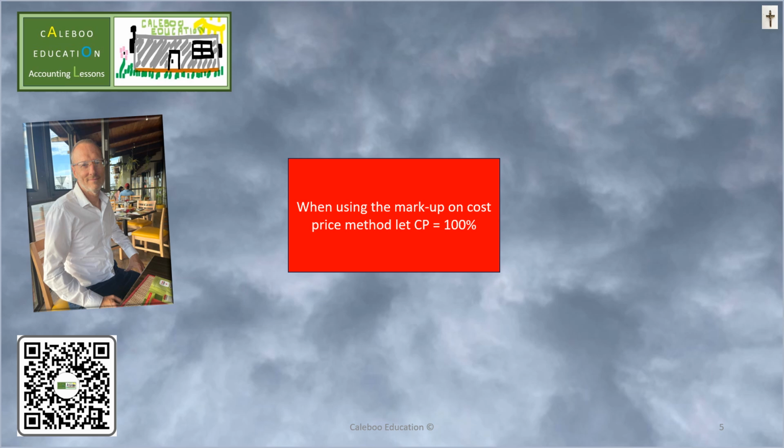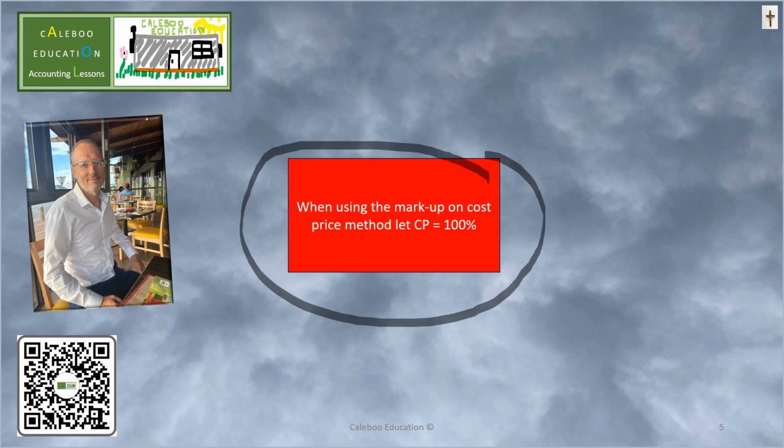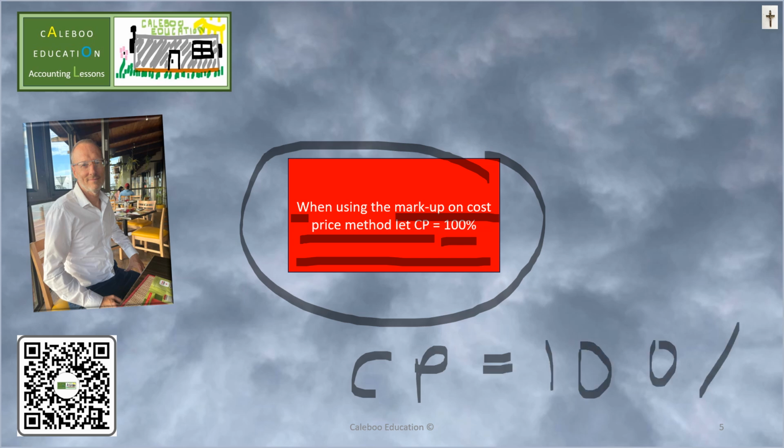Earlier, I carelessly said, when using the markup on cost price method, I said let markup equal 100%, only once, but I did say it. When this method is being used, you let cost price equal 100%.